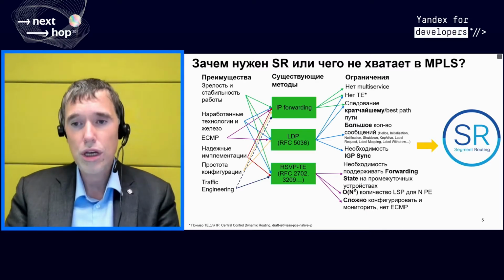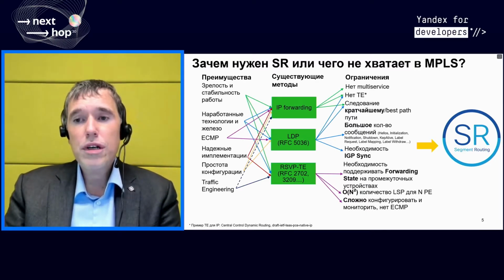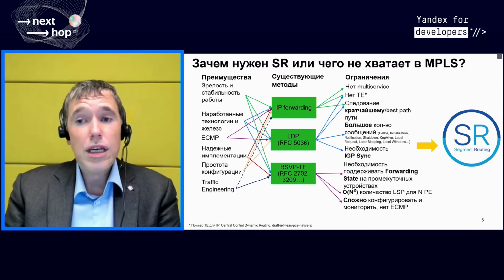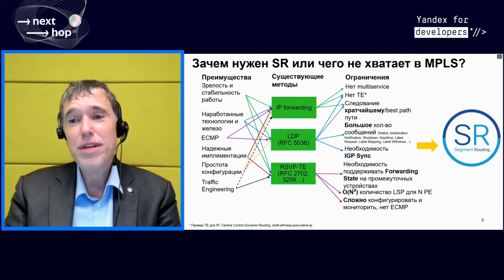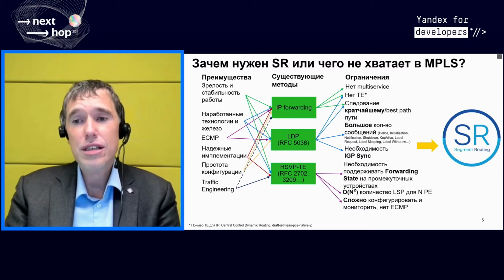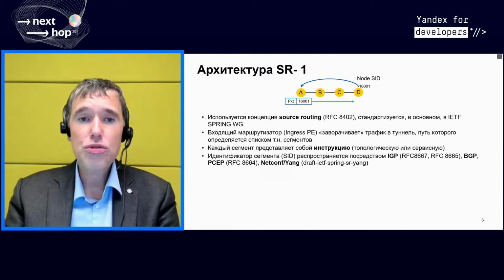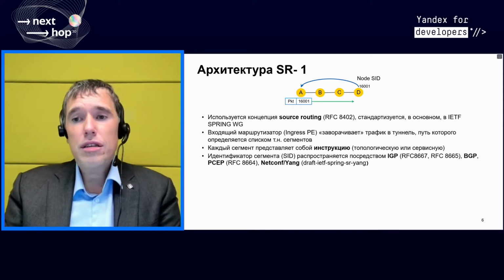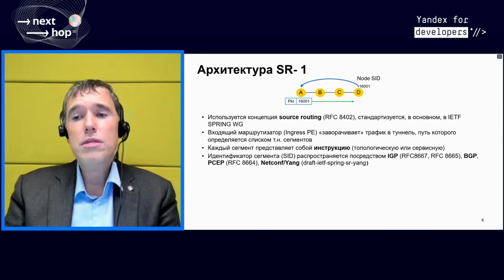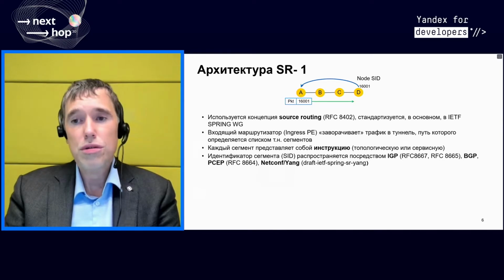To conclude, it's quite difficult to configure these networks manually. So instead of trying to respond or to find a technological solution to these issues, the technology of segment routing was born.